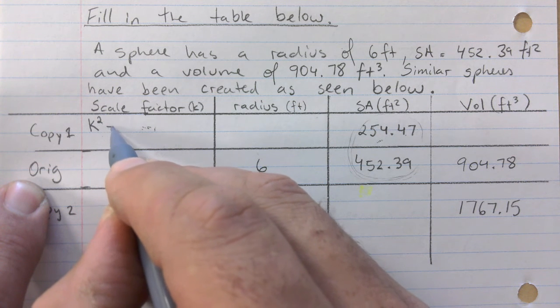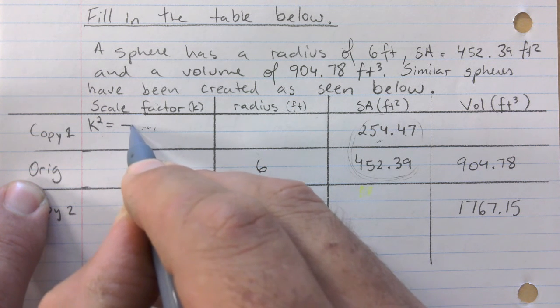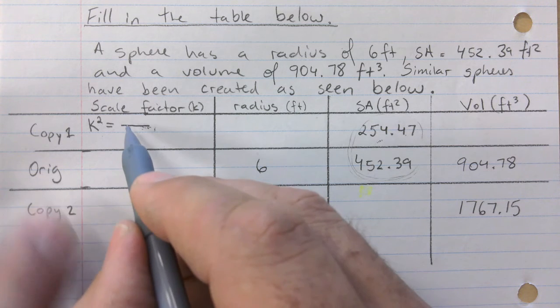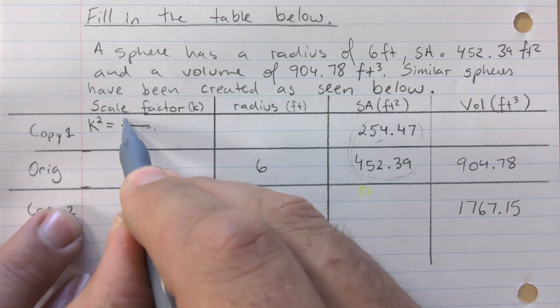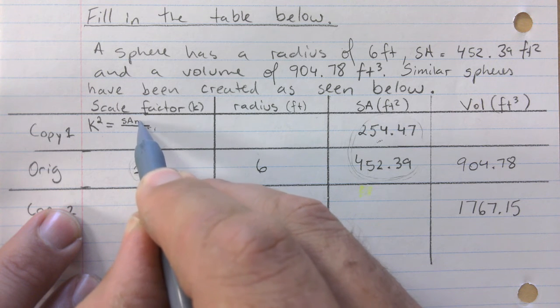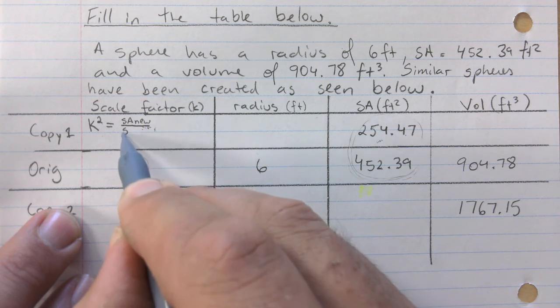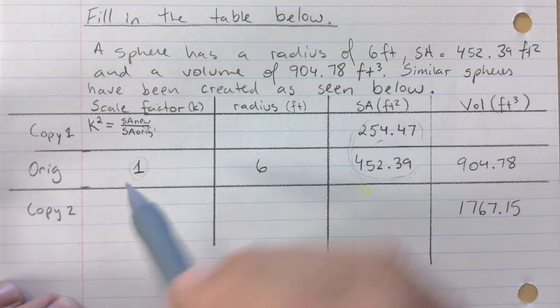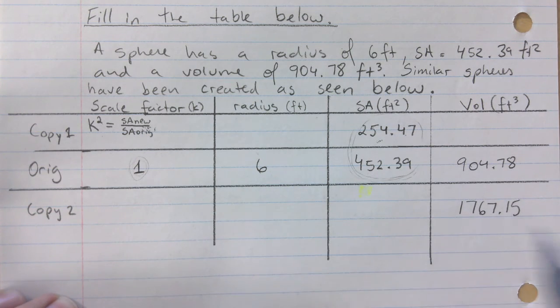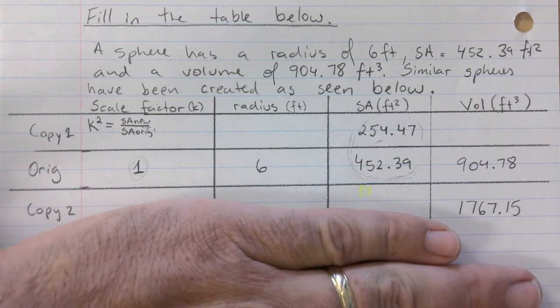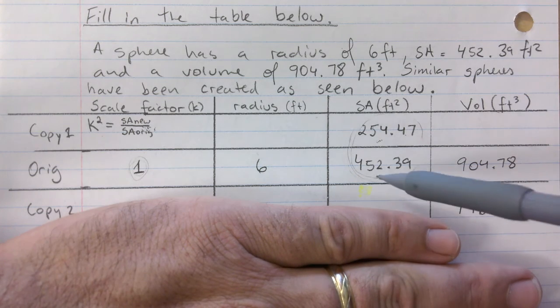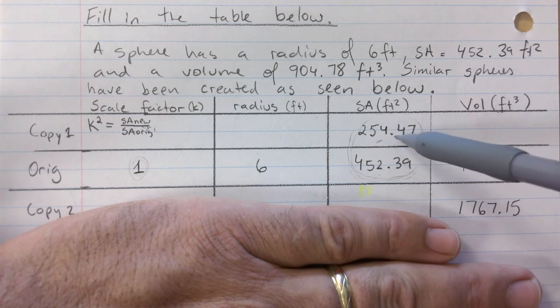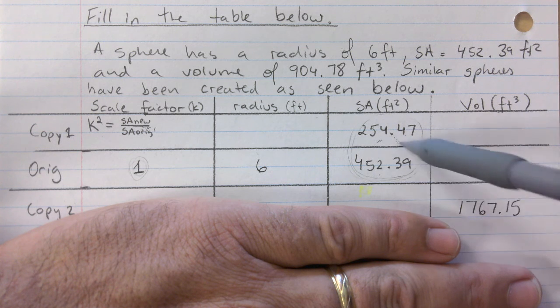K squared is going to be equal to, I'm going to go new, right? Surface area of new over surface area of the original. So forget about the second copy right now. Just look at those 2 objects. You have your original and the copy is considered a new object, correct?